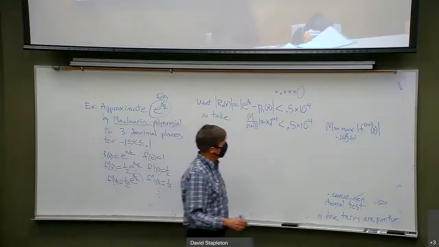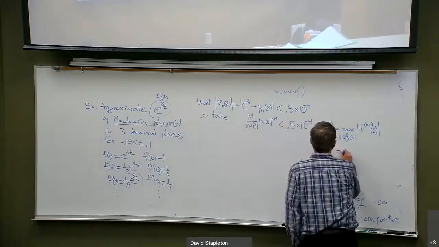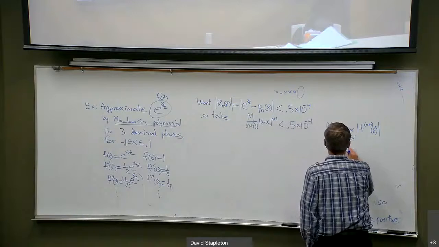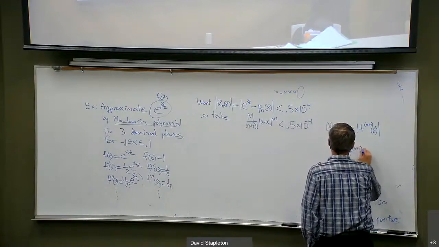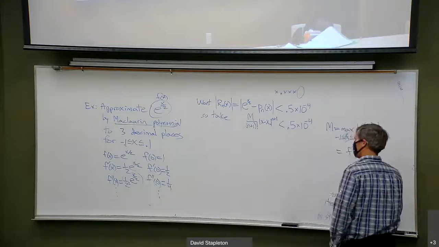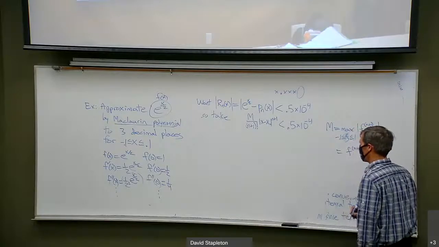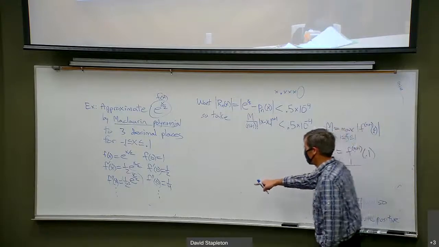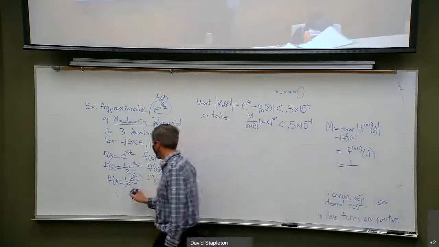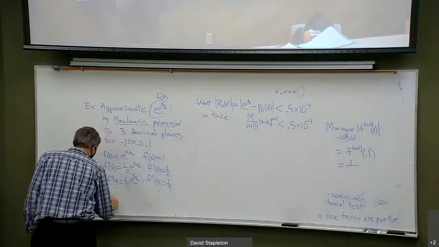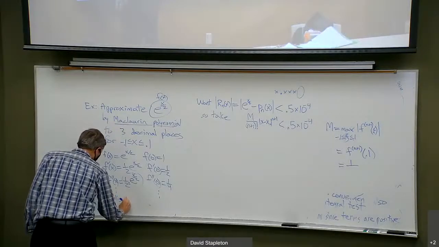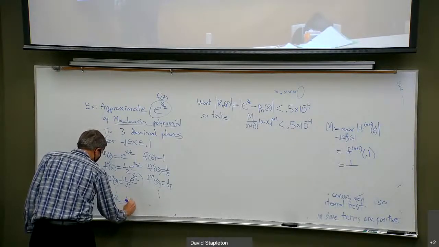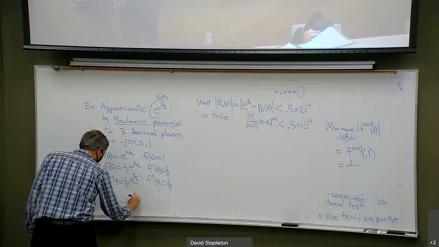So f n plus 1 at 0.1 gives the largest value. Looking at here, the nth derivative is 1 over 2 to the n, e to the x over 2.